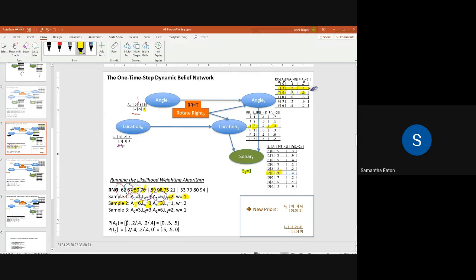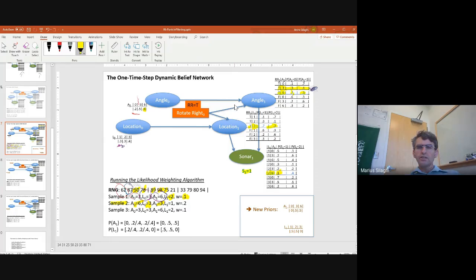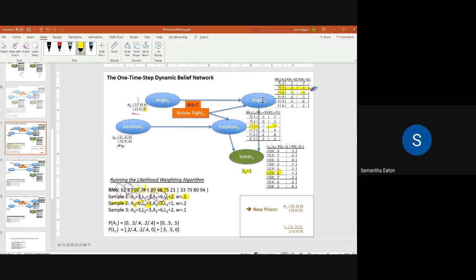Okay, so if you look at the tables by angle 1 and location 1, you've got the probability of angle 1 is 0 and probability that it's 3, and then you have probability of location 1 and then location 2. Don't you need to take... Can you just repeat? So where do you see probability of angle 1? No, we don't see angle 1. That's what I'm saying. We have 0 and 3, and so wouldn't you have to add that column because we're only considering these two possibilities right now, right?